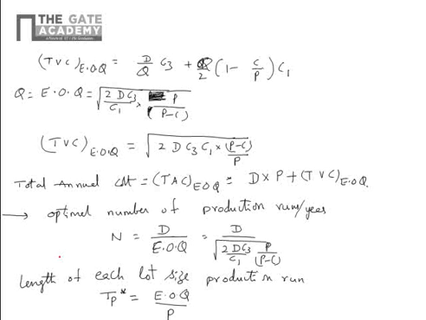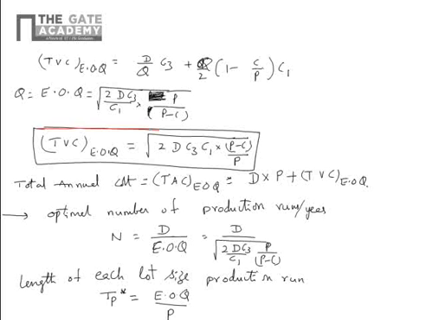The only thing you need to remember is the economic order quantity and total variable cost formula. Just remember that, and that's enough. Whenever it is model 2, that means there is a rate of production and rate of consumption, then you need to use that formula.